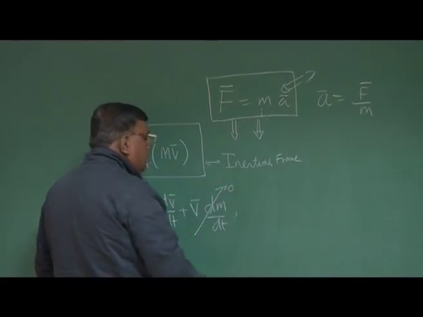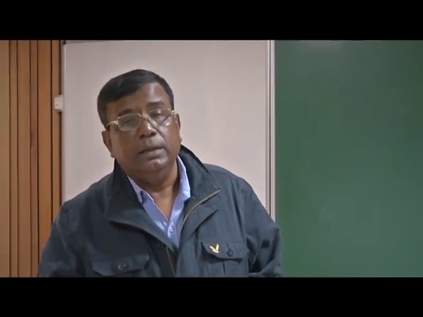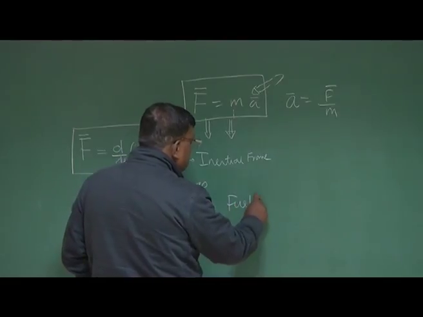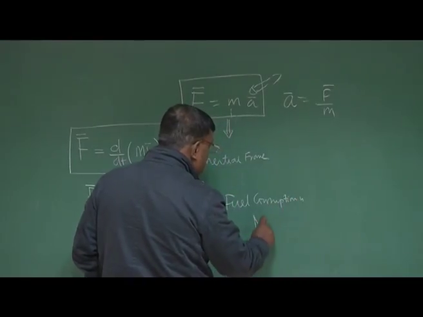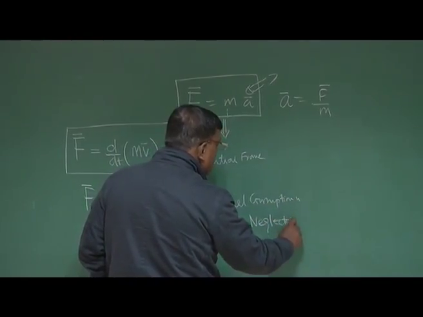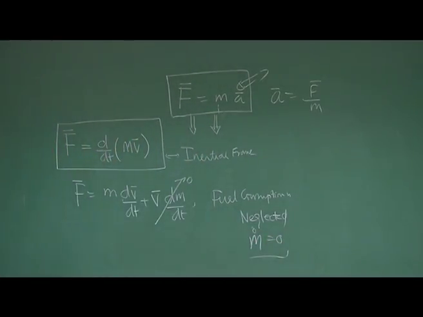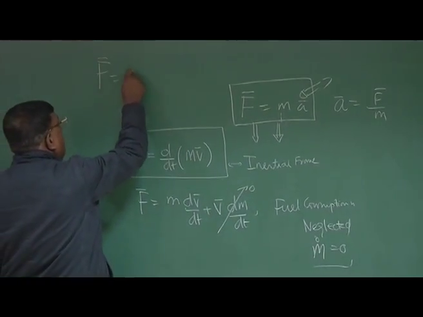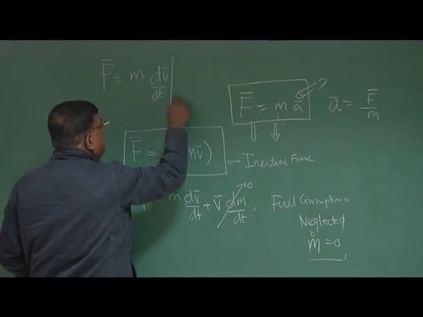That is, there is no change in the mass during the operation, although we understand that fuel consumption will be there. But we will assume that fuel consumption is neglected. And that is how we are writing m dot equal to 0. This is one. But what is important? Important is now F equal to m dv by dt, and this should be done in the inertial frame.